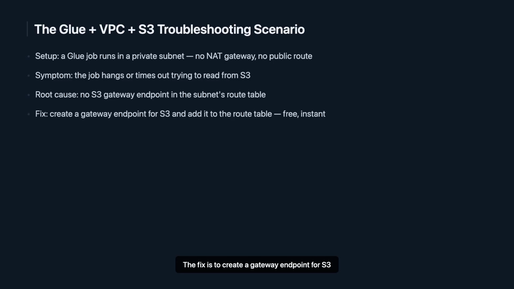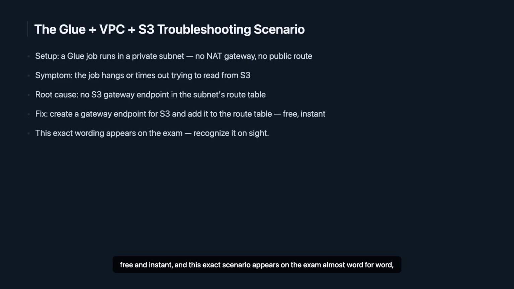The fix is to create a gateway endpoint for S3 and add it to the route table, free and instant. And this exact scenario appears on the exam almost word for word, so recognize it on sight. Train your eye for the phrase Glue in a private subnet, and the answer falls out immediately.